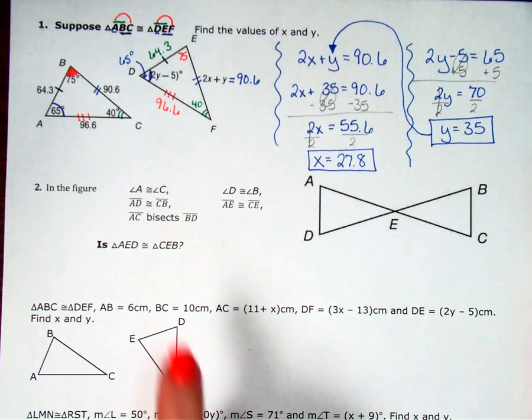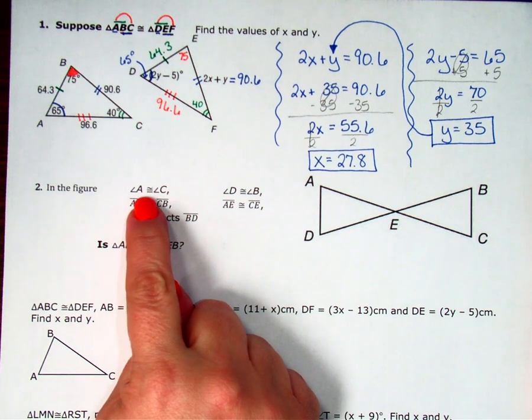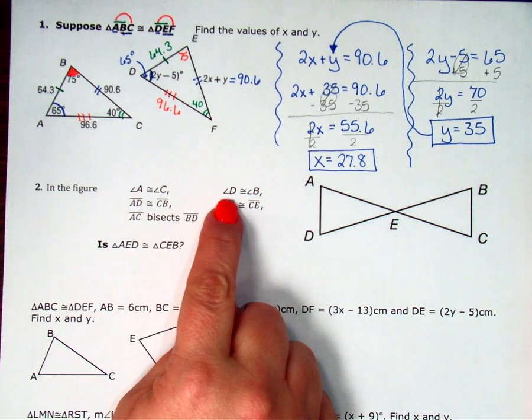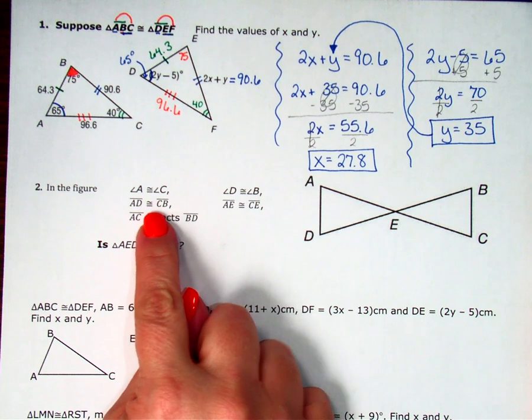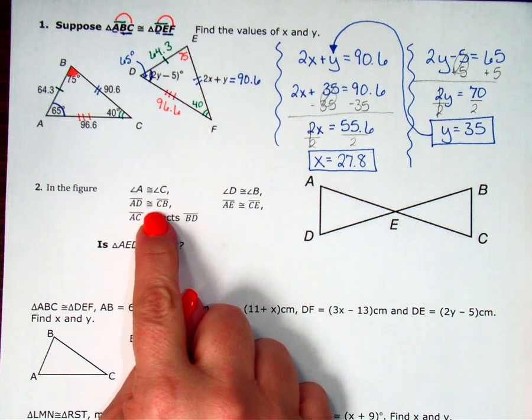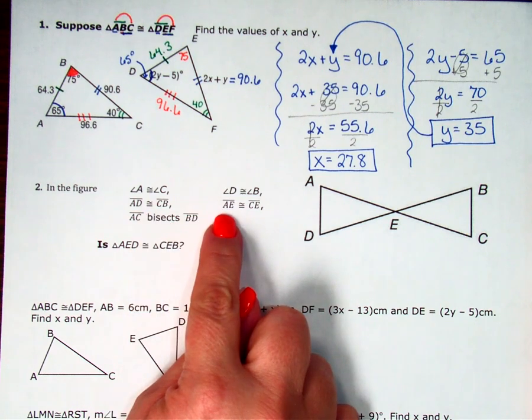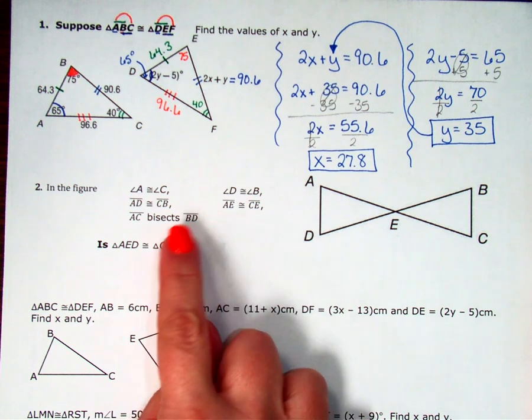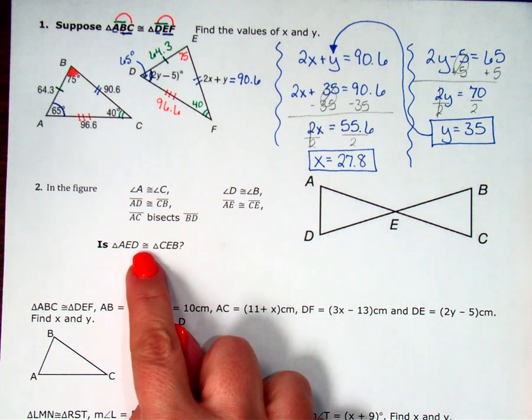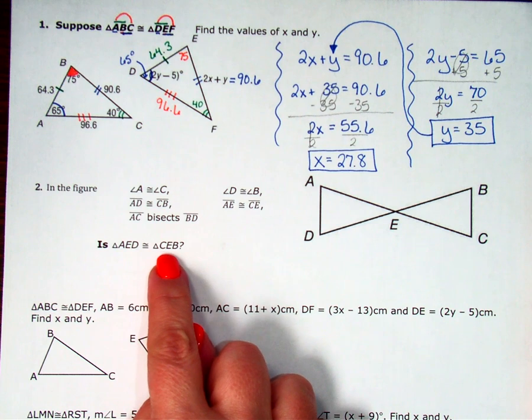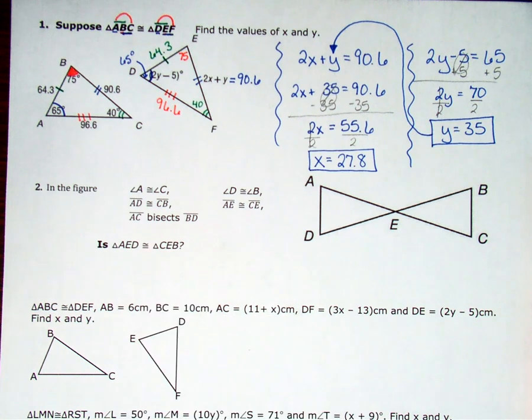All right, let's look at this number 2 example. It says, I have angle A is congruent to angle C, angle D is congruent to angle B, segment AD is congruent to segment CB, segment AE is congruent to segment CE. Is triangle AED congruent to triangle CEB? Well, the first thing I want to do in this problem is mark all of my congruent parts. Okay?